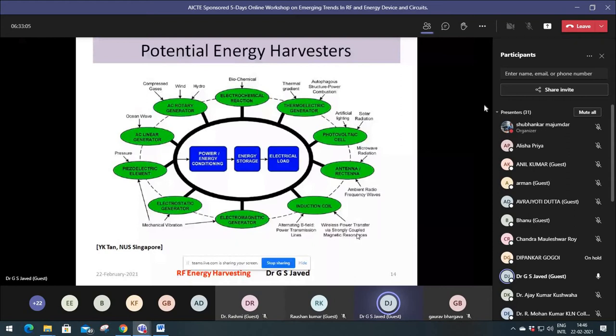Next we have the thermoelectric generator, where you use the thermal gradient on a surface, or a difference in thermal values, to do that. The common effect is called the Seebeck effect. Then there is the autophagous structure power conversion, where you absorb something, consume it, burn it, and then produce power from it.